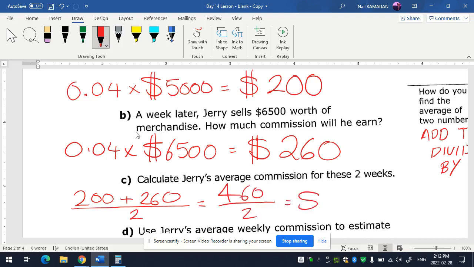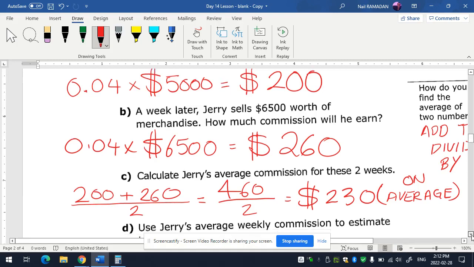Yep, 230. So I want you to write the words "on average" here. He never made 230. He made 200 and 260. But on average, he could always do his calculations for the future, that he's going to rack in about 230 bucks per week, on average.